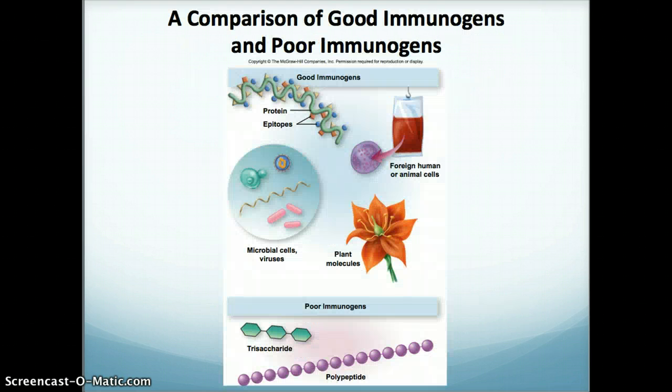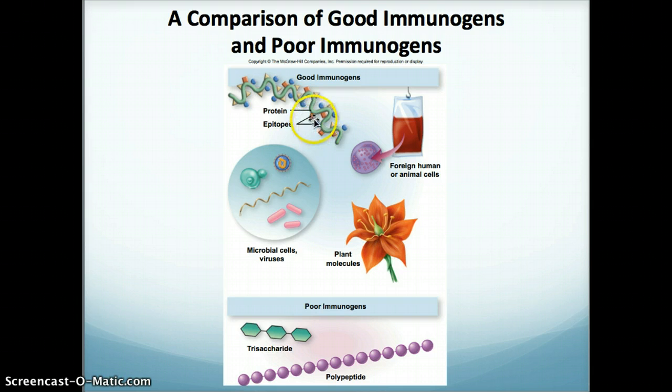So when we look at a comparison of good immunogens versus poor immunogens, you can see that we have microbial cells and viruses, perhaps plant molecules, and then foreign human or animal cells, for example, blood from another human being. You'll see that proteins have many of what are called epitopes.